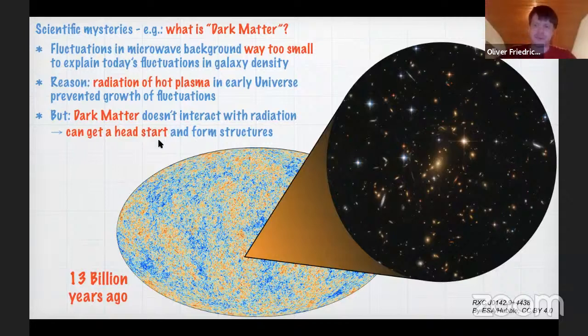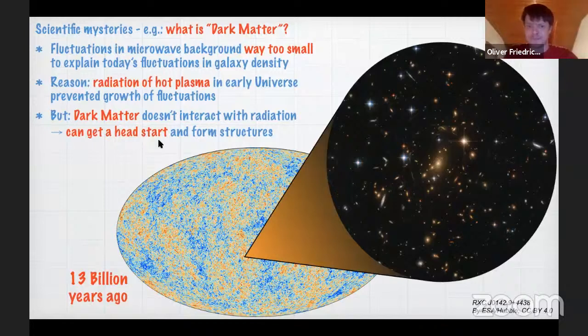But there is another component of matter, or at least we think there is, which is the so-called dark matter. And actually, we think that about 80% of all the matter in the universe is made up of this mysterious substance, which, like I said, we call dark matter. And this substance only interacts gravitationally with everything else. It doesn't interact with light, and this also means it doesn't interact with the radiation in the plasma.